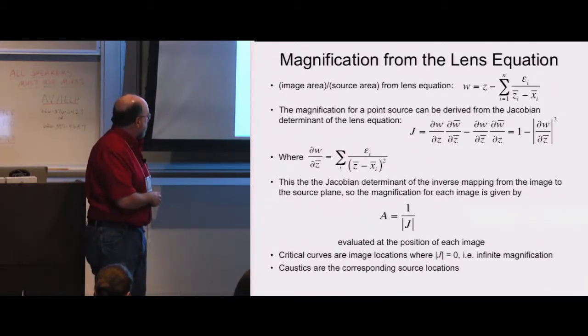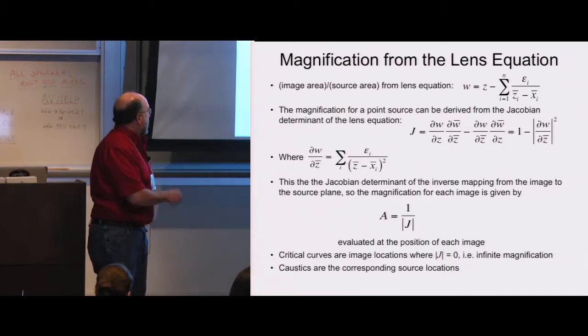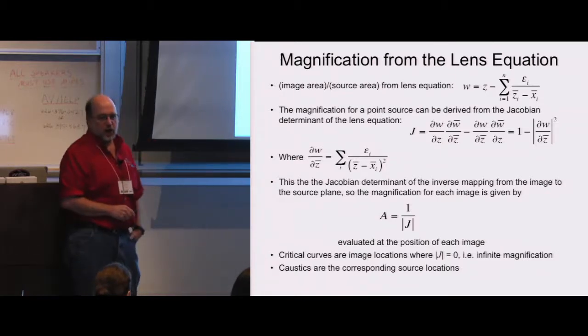Basically, the critical curves are defined as image locations where the Jacobian determinant is 0, and the caustics are the corresponding source locations. So you calculate the critical curves by setting the Jacobian determinant equal to 0, and then you plug those image locations into the lens equation to determine where the caustics are.